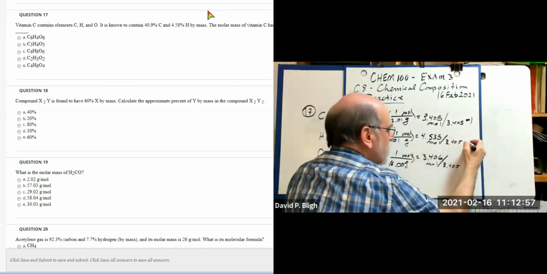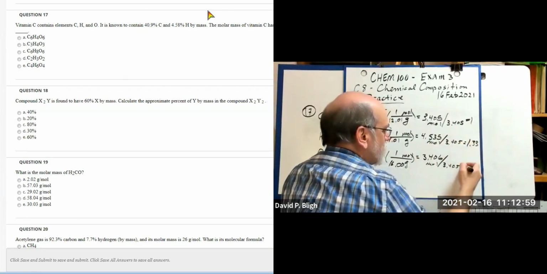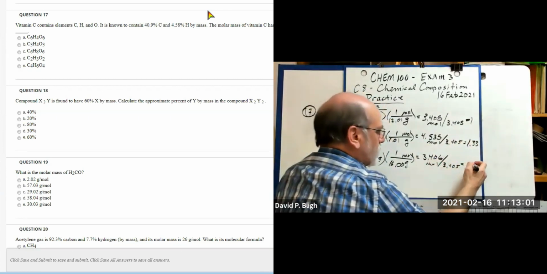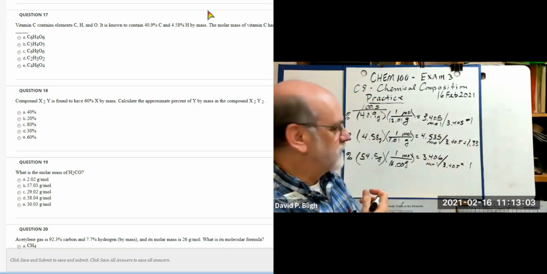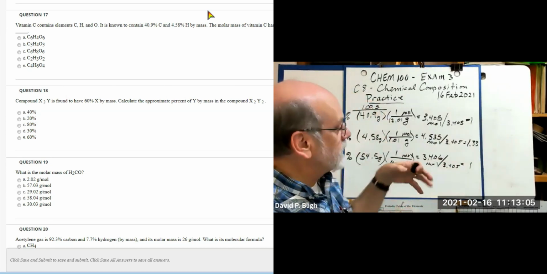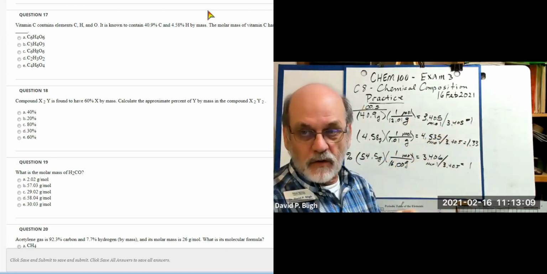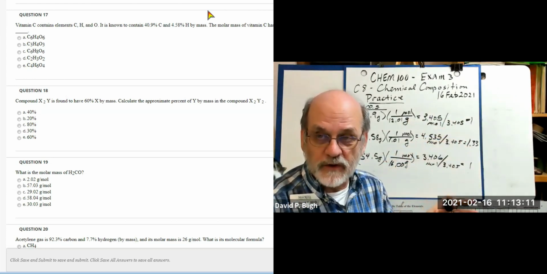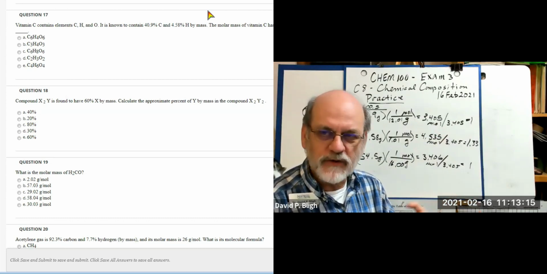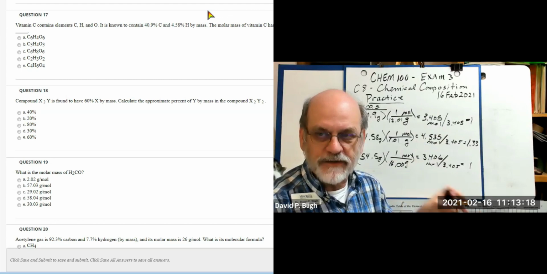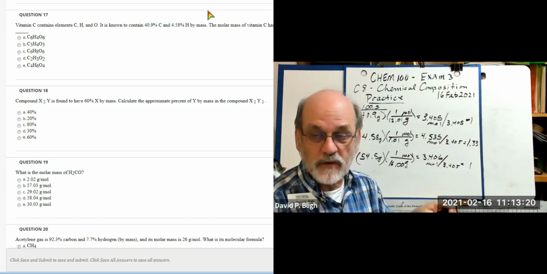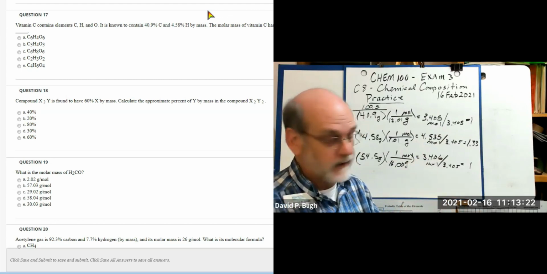This one's going to be 1.33, and this one is so close to 1, it might as well be 1. So now we need to get rid of that fraction, that 0.33. You know if you multiply 0.33 times 3, you get 1, because 0.33 is a third. A third times 3 is 1. So we multiply the whole thing through by 3.